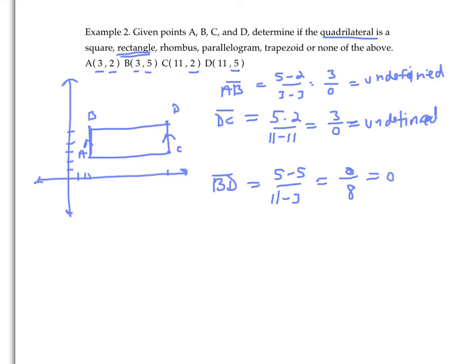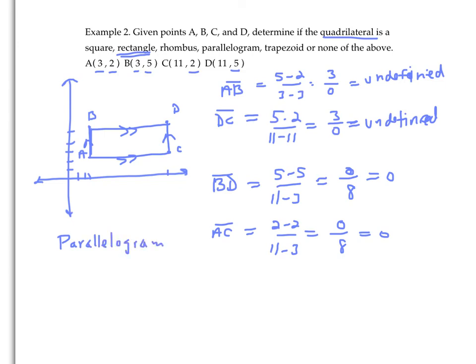And then line segment AC. Find the slope, 2 minus 2 over 11 minus 3. 2 minus 2 is 0 over 8, which is 0. That means that BD is parallel to AC, and they're horizontal lines. Okay, now we proved that this is a parallelogram just by proving both pairs of opposite sides parallel.